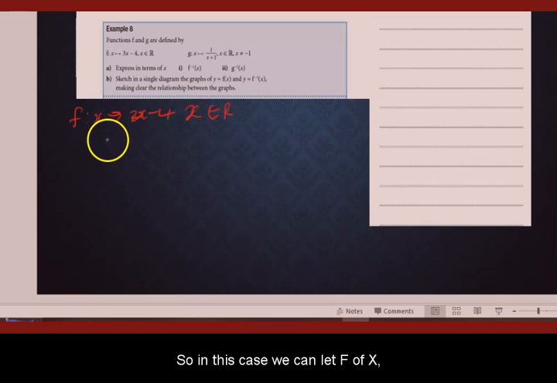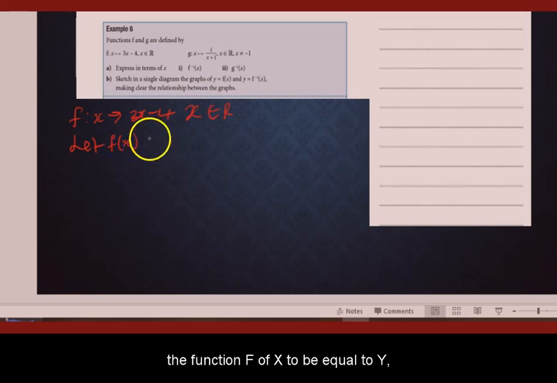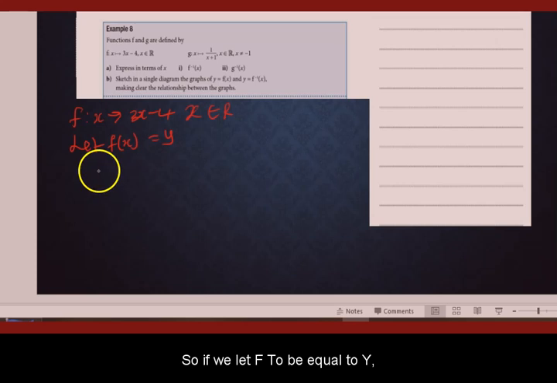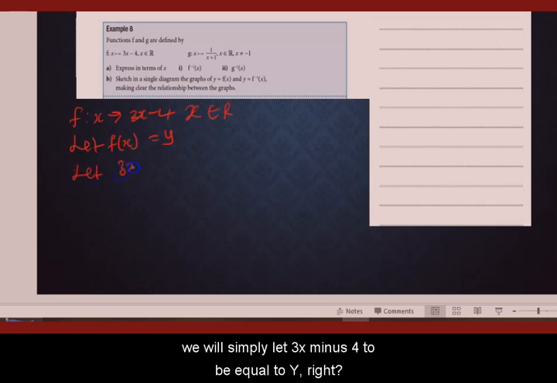So in this case, we can let the function f of x be equal to y, so that we are able to find what is y. So if we let f of x be equal to y, we will simply let 3x minus 4 be equal to y, right?